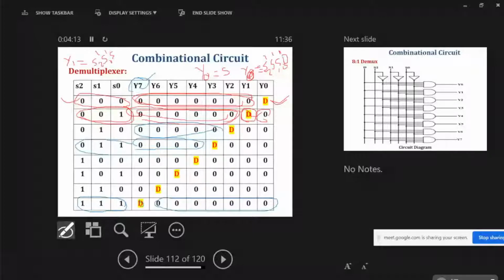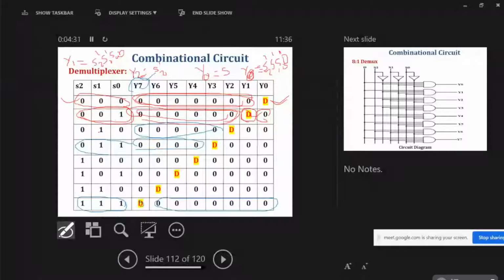For Y2, what will be the combination? For Y2, it will be S2 dash, S1, S0 dash, D. Next, for 1 1 1, the last combination, the output will appear across Y7.